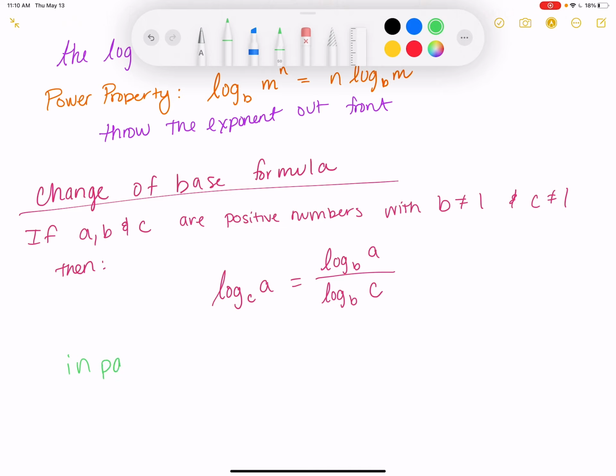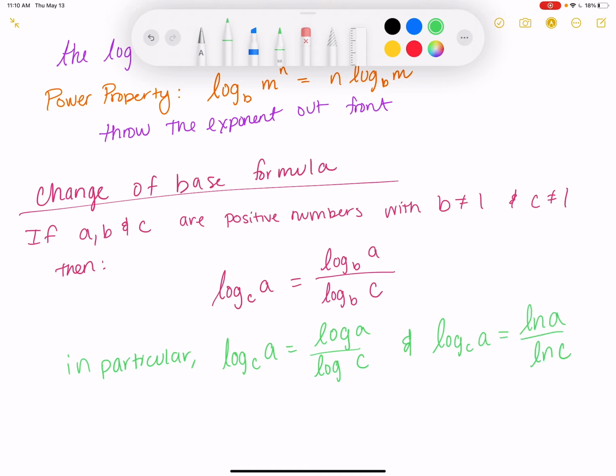In particular, log base c of a is equal to log of a over log of c, and log base c of a is equal to the ln of a over the ln of c.